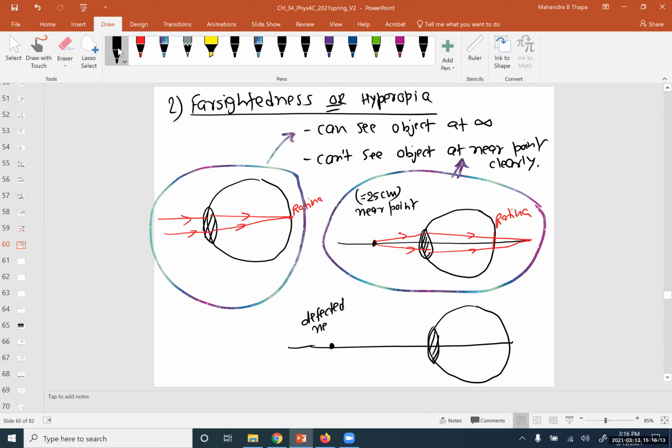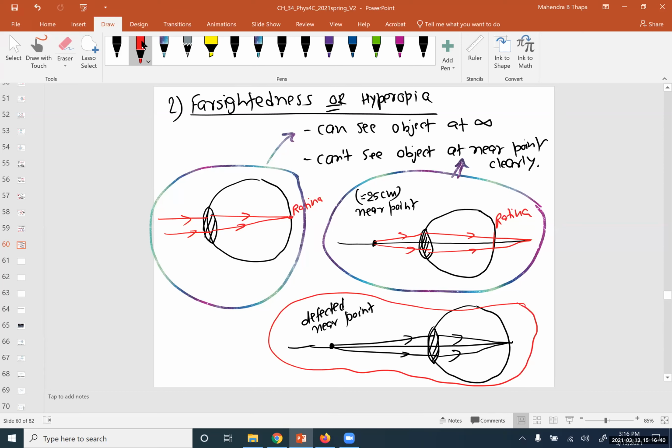Defected near point means the near point is more than roughly 25 centimeters. This means that rays coming from the defected near point will converge on the retina. So for the defected near point, the person can see clearly.